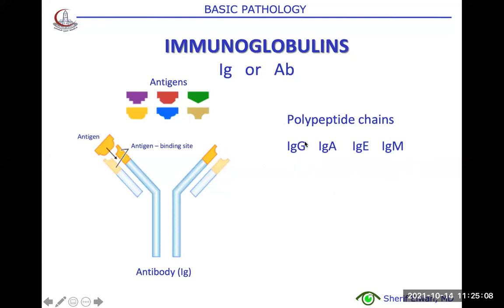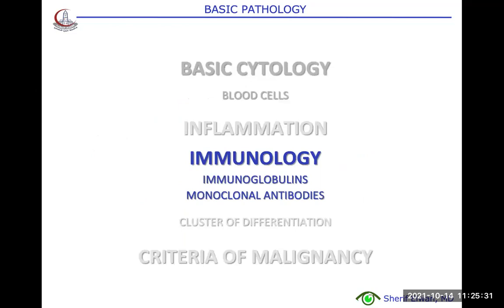IgG is the polypeptide immunoglobulin responsible for the primary immune response, and the M is for the secondary immune response. IgA is responsible for the hypersensitivity reaction, and IgE is the reaginic hormone, where atopy is a character.